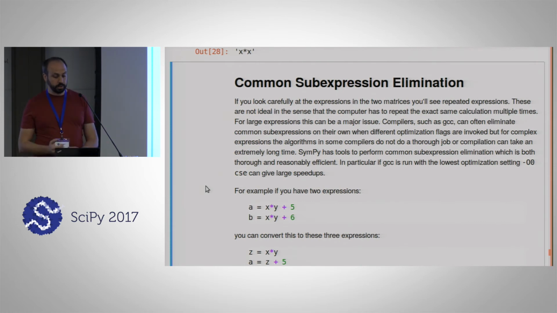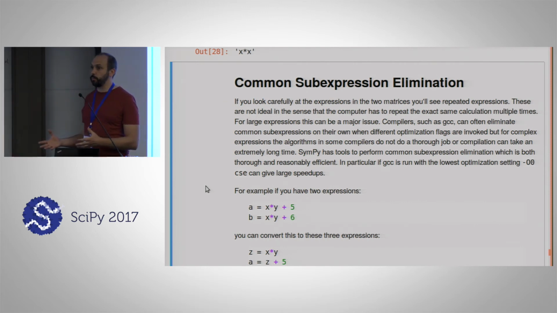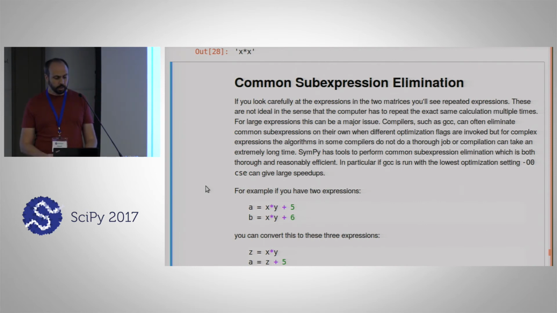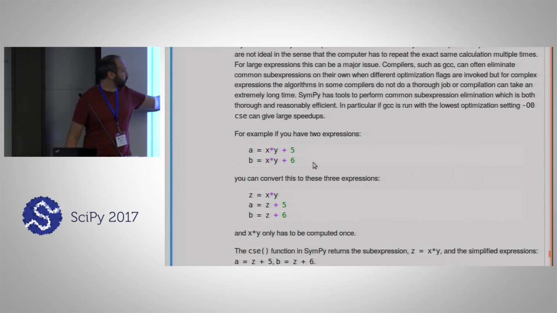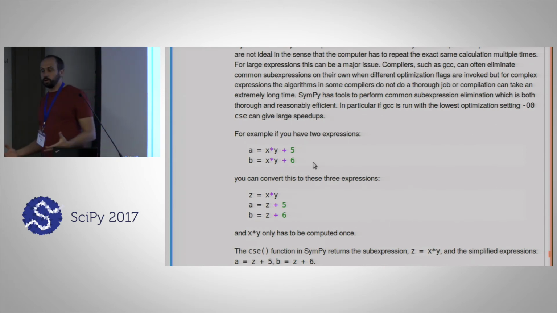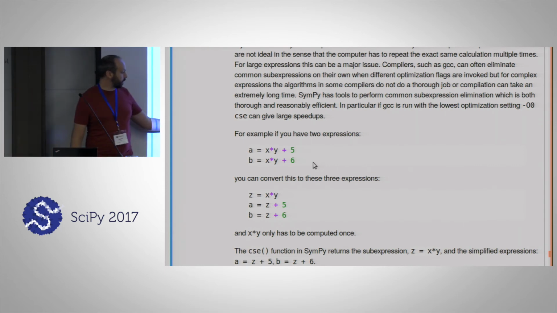But another useful thing is something called common sub-expression elimination. A lot of compilers will do this for you if you set the proper optimization flags. But the gist is if I have two expressions like A and B, both of them have x times y in them. And a computer doesn't really need to do x times y twice. We could do x times y once and just replace the result of that in these expressions.